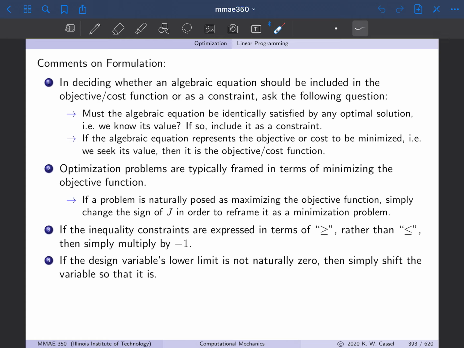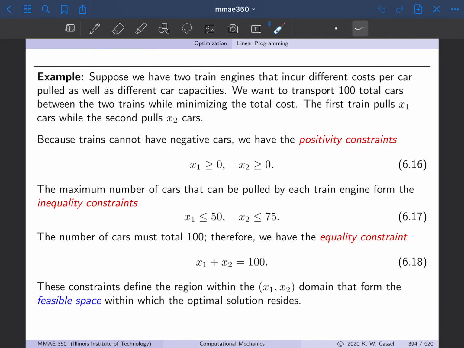Then you just shift that design variable so that instead of 100, it's shifted to be 0. Using all of these rules or changes to the problem, we can change it from something other than a linear programming problem in standard form to being in the standard form.